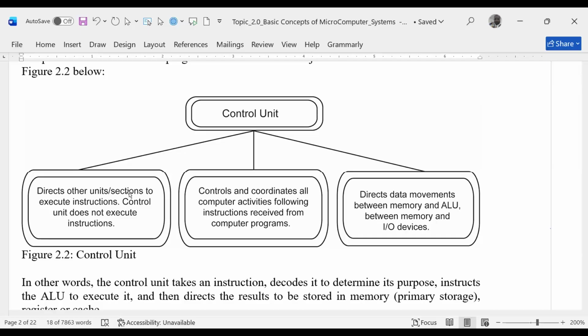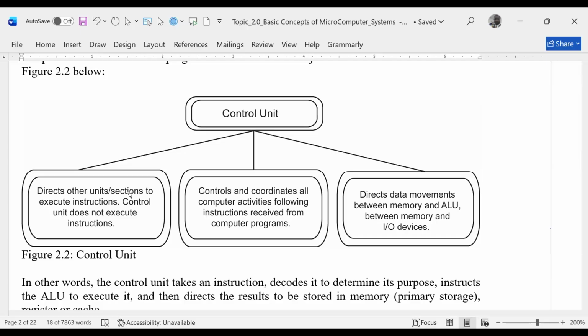I said the CU is like the human brain. You can never use your brain to carry your laptop, but you instruct the hand to carry the laptop. You can never use your brain to eat; you instruct your mouth to eat. So the CU as a component of the CPU does not execute any practical job or instructions. It just informs the components to do their work.